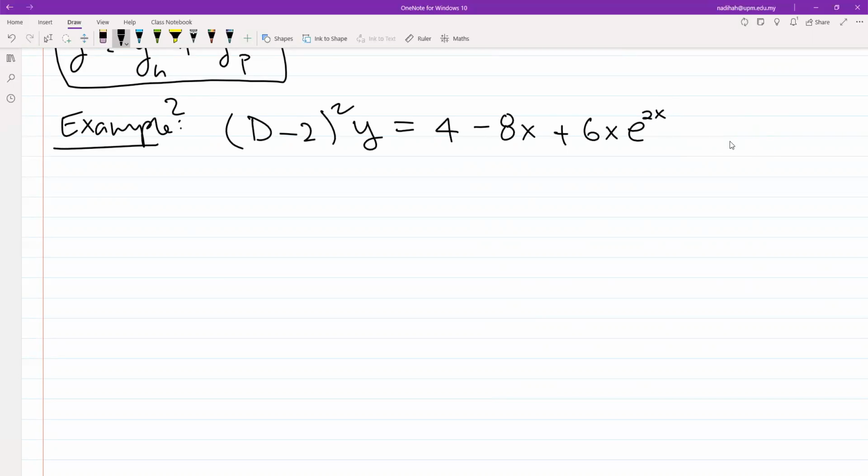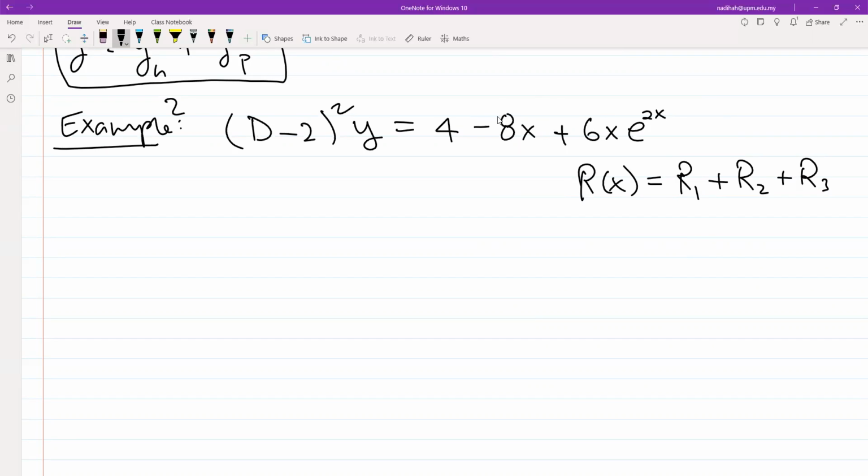So you can see that the right hand side consists of R1 plus R2 plus R3. So it depends on you which one you want to choose. R1 is what, R2 is what, and what is R3.